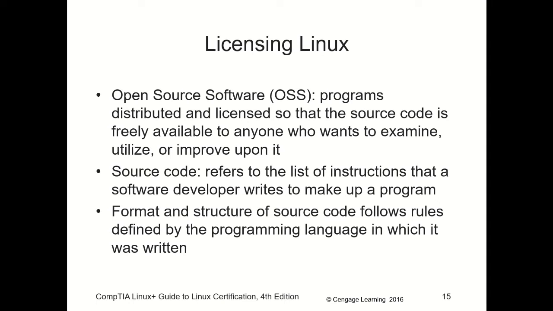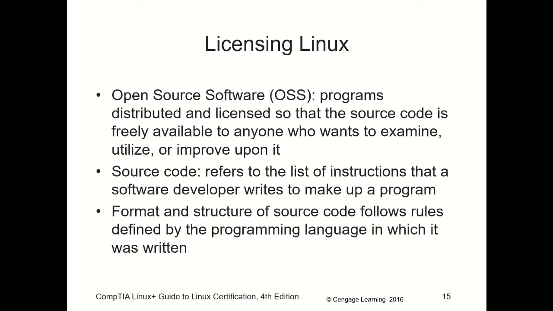Open source software refers to programs distributed and licensed so that the source code is freely available to anyone who wants to review it. They can utilize it, or even contribute to it. The source code refers to the list of instructions that a software developer writes to make up a program.